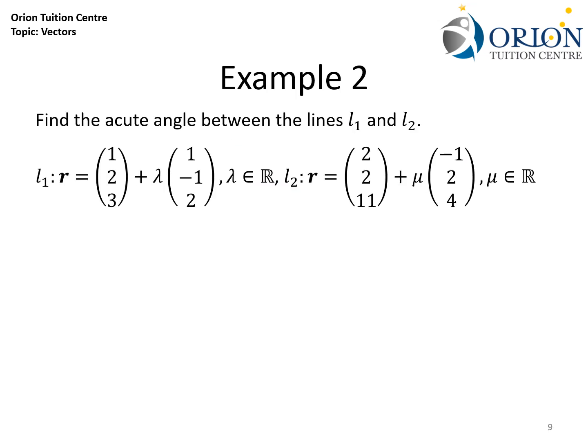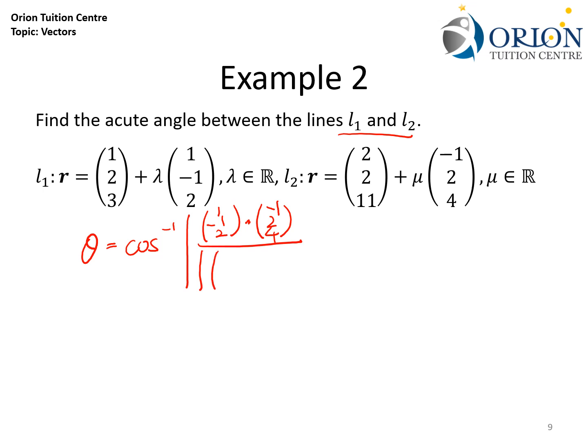In example 2, we are now asked to find out the acute angle between the lines L1 and L2, and so we can make use of the dot product formula straight away. Theta equals cos inverse of a big pair of modulus to make sure we get a positive term, (1, -1, 2) dot product with (-1, 2, 4) divided by the modulus of each one of them, the modulus of (1, -1, 2) and the modulus of (-1, 2, 4).